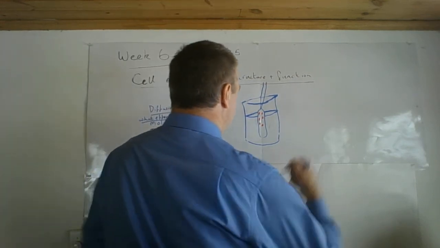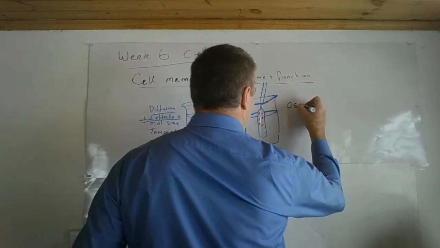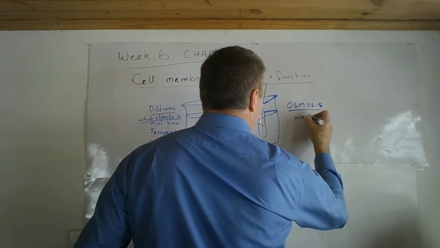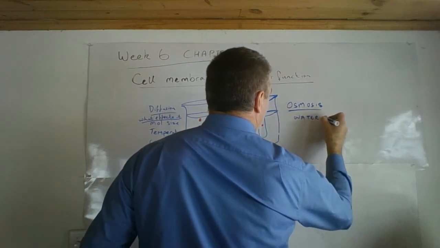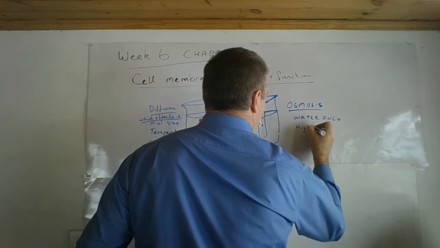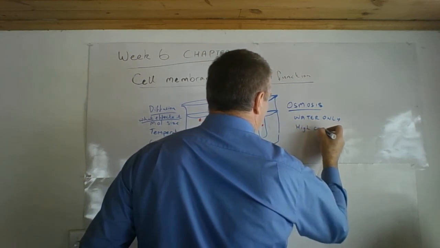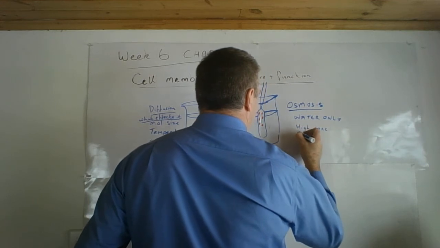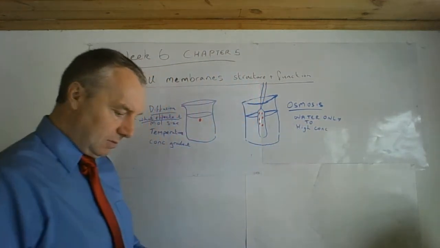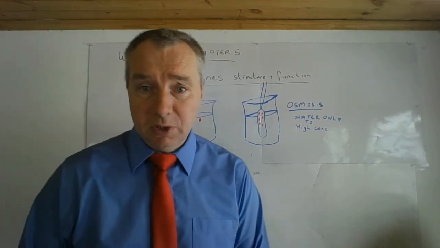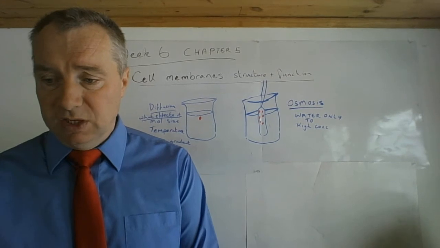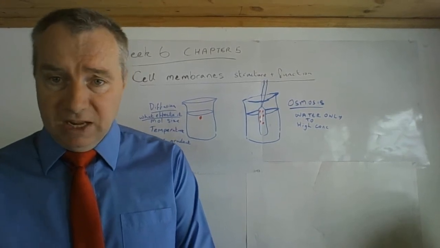So I would definitely put in osmosis, water only, high concentration, and it's water only to the higher concentrated area. And so people do mix up diffusion and osmosis, but as you can see, there's not much reason to do it. There are major differences.